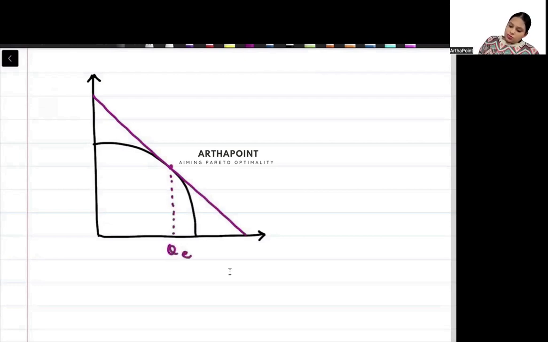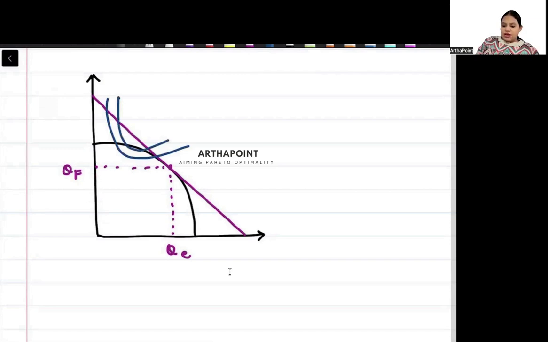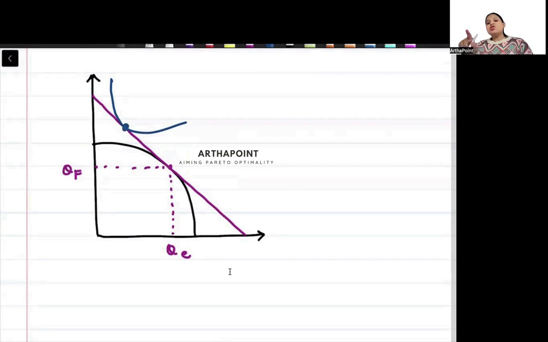Cloth and food. Now you want to reach the highest indifference curve possible. So suppose your ICs are like this. ICs can be anywhere, there is no relation to that. So my IC can be somewhere here. I am still on the ISO value line. As long as I am on the ISO value line, consumption is possible. So this is my consumption point.